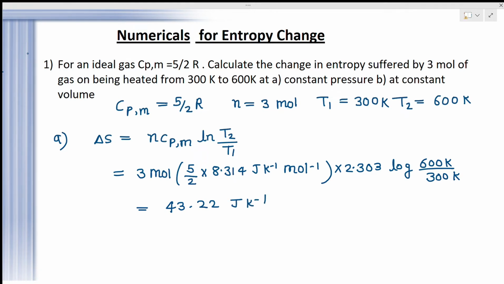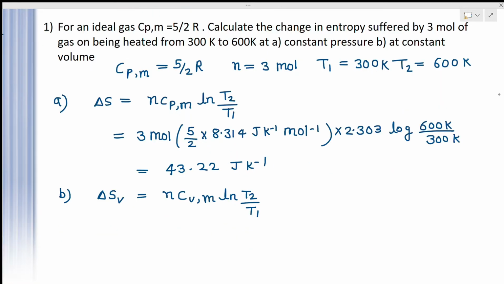Now see the next. We are given at constant volume. So what will be the formula? Del S_V at constant volume is n CVm natural log of T2 upon T1. Just put in the values, 3 moles.